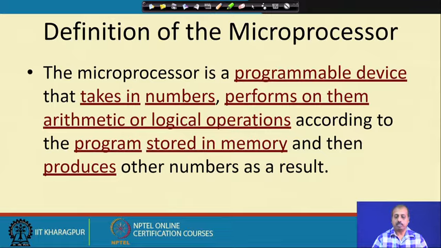From there it will take the instructions and do the operation. The numbers it manipulates may come from the memory itself, or from the input devices, and on those numbers the processor will do some arithmetic or logical operations.